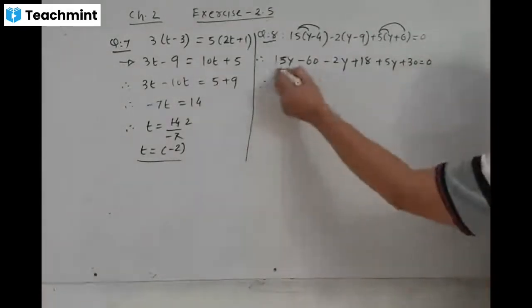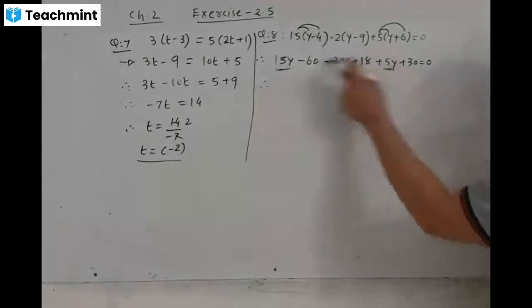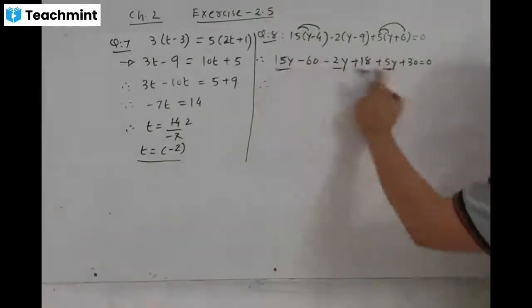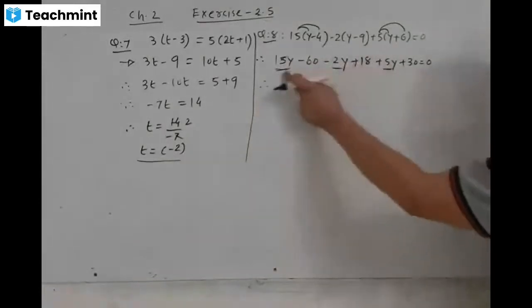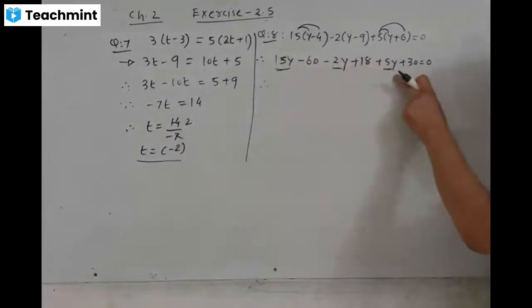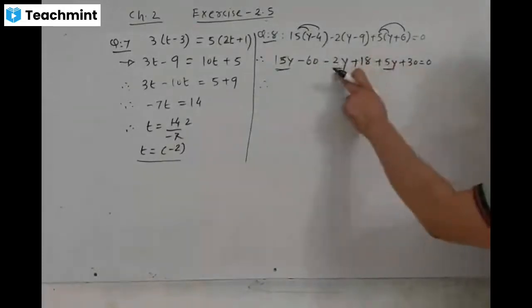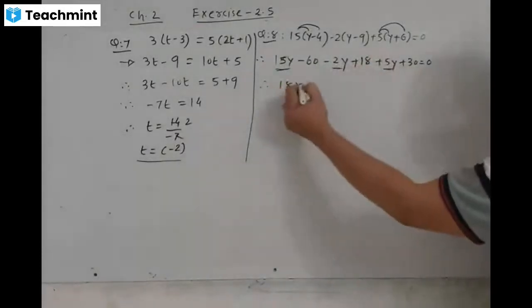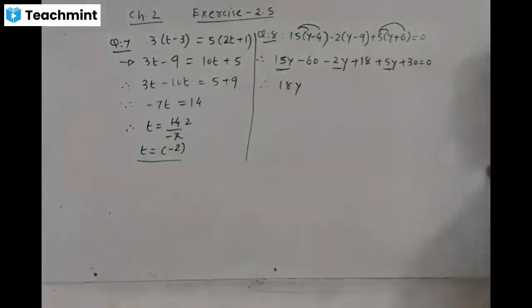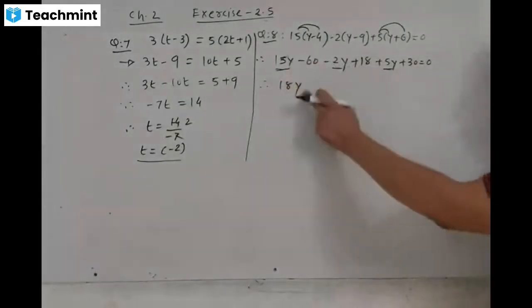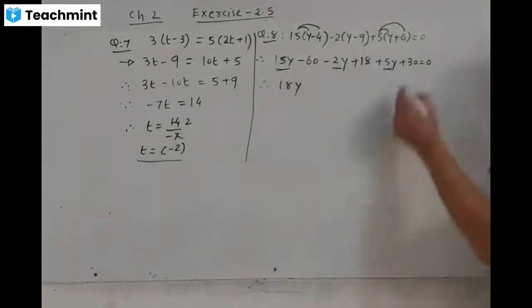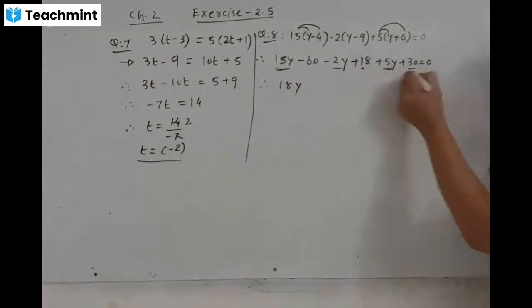Here 15y plus 5y, 15y plus 5y that is 20y. Both are positive term, 20y minus 2y that is 18y.